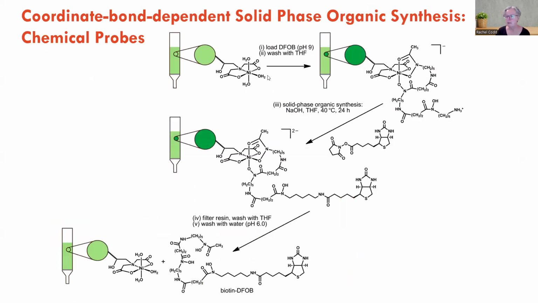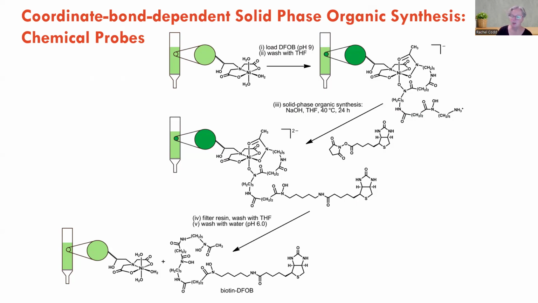So pushing this notion into another realm, if we return now to the first resin that we talked about, which was our nickel resin, which has desferrioxamine B bound to the resin via coordinate bonds.